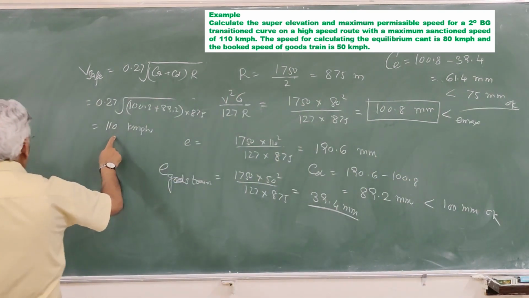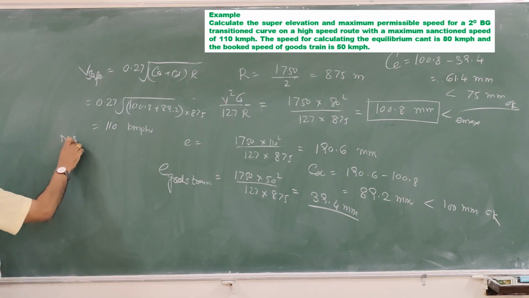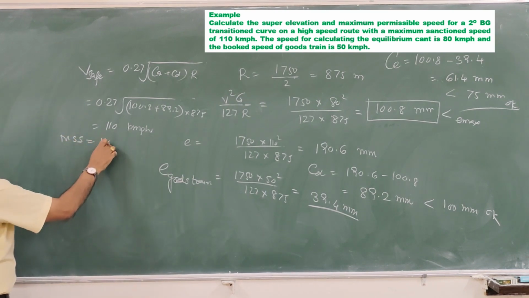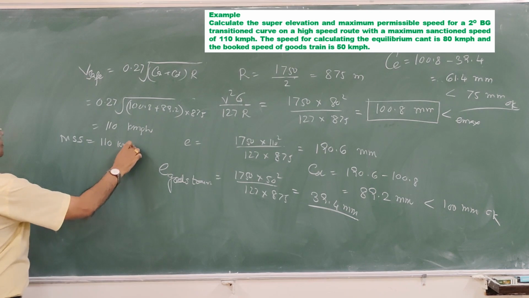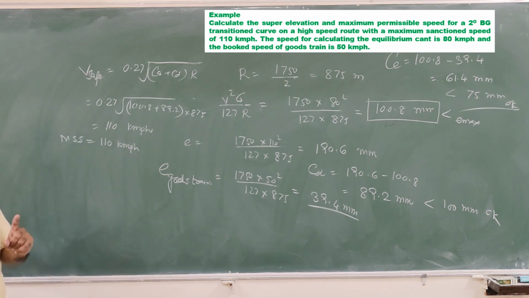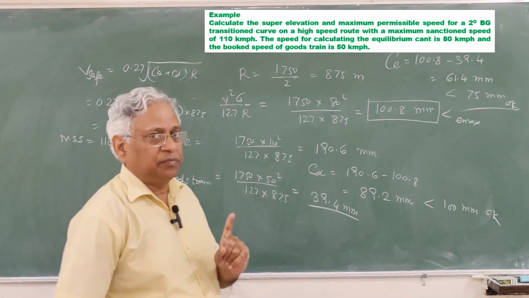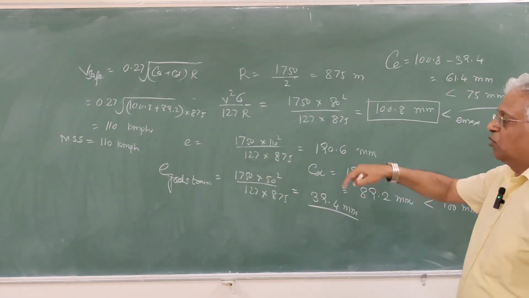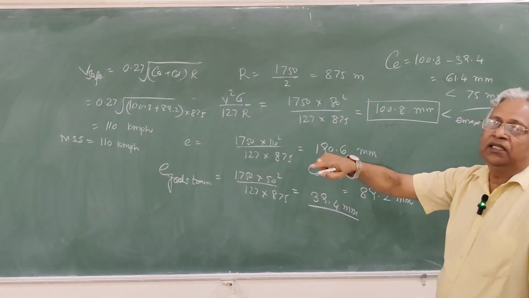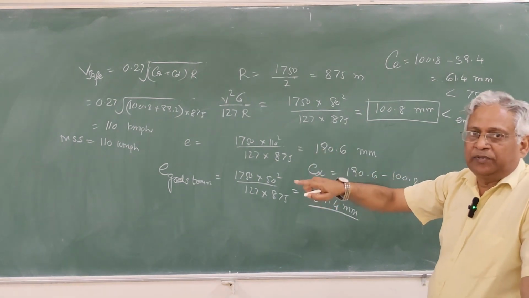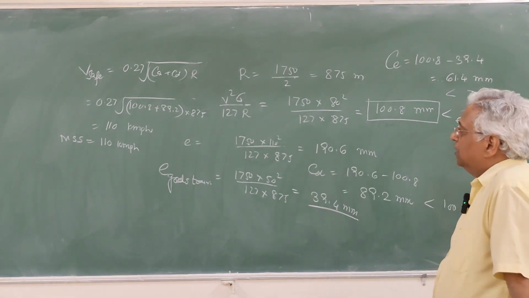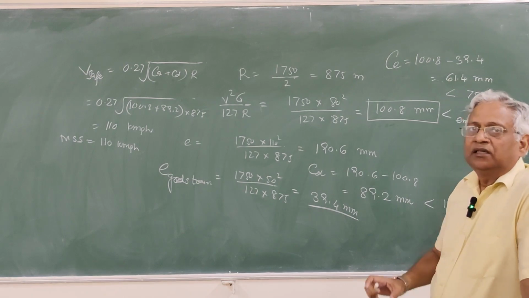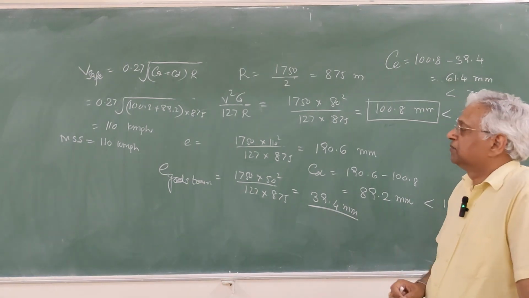It should be compared with maximum sanctioned speed. The maximum permissible speed cannot be more than sanctioned speed. Sanctioned speed is basically for which the track has been designed. So lower of these two values should be the allowable speed or safe speed on the curve. That is how we design the horizontal curve.